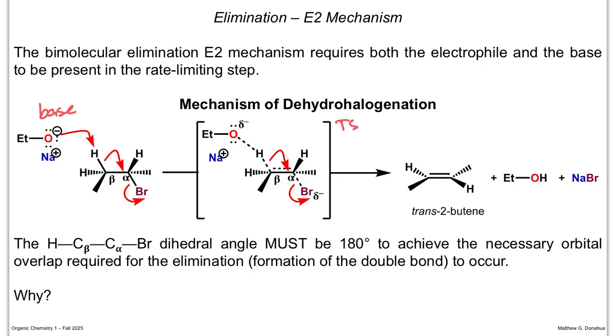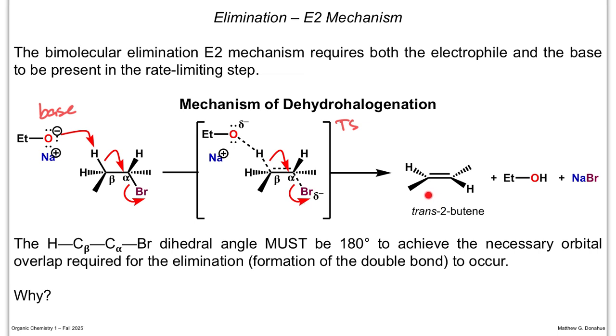The transition state organizes itself like this. We're partially forming this bond between oxygen and hydrogen, partially breaking that bond, partially forming a pi bond, and then partially breaking the leaving group bond.